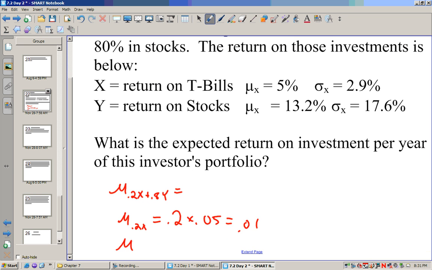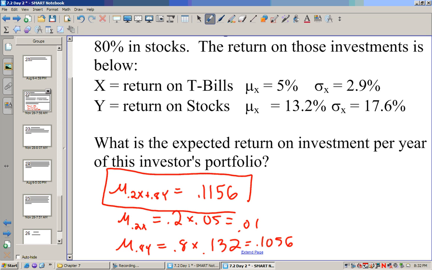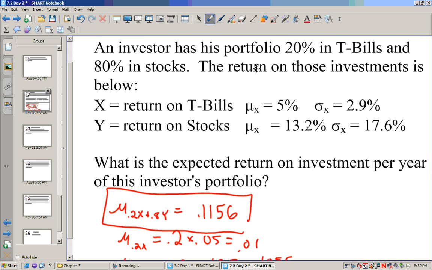The mean of 0.8Y is going to be 0.8 times 0.132, which is 0.1056. Now when I add both these up, that's going to be 0.1156. So on his investments, he's going to average about 11.5% in this situation.